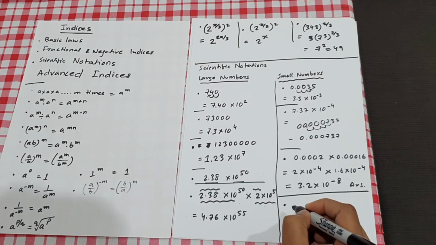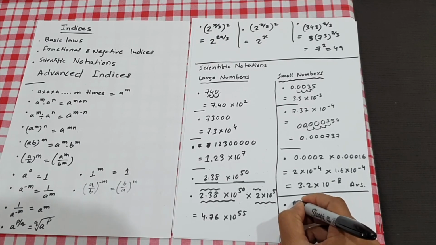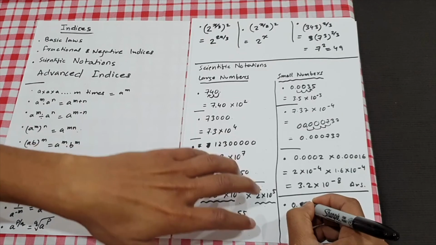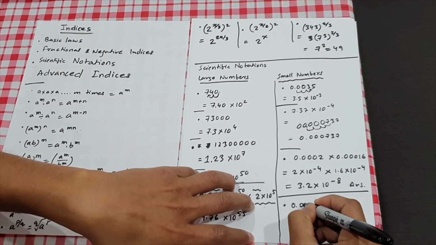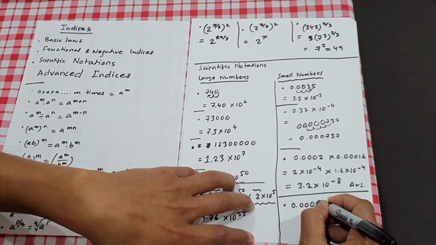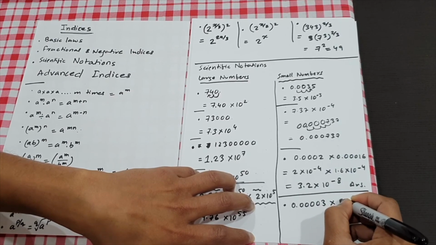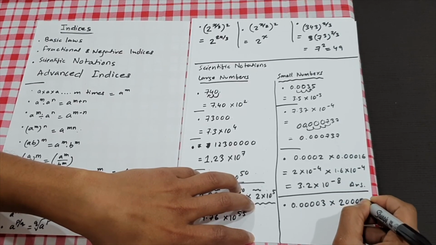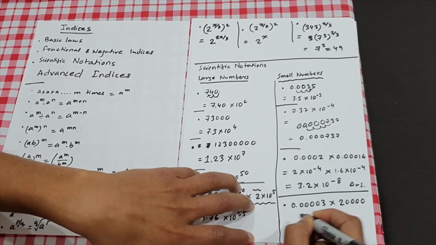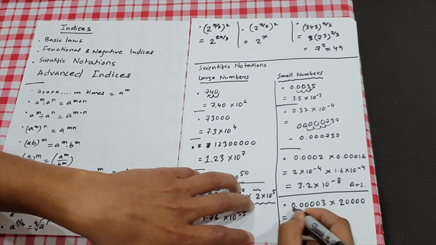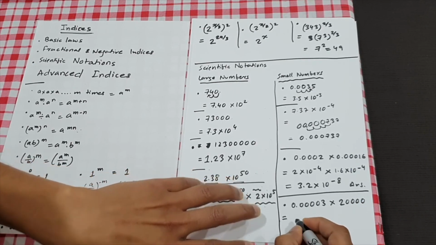We'll see what happens if you have a very small and a very large number together. So we express this in scientific notation.